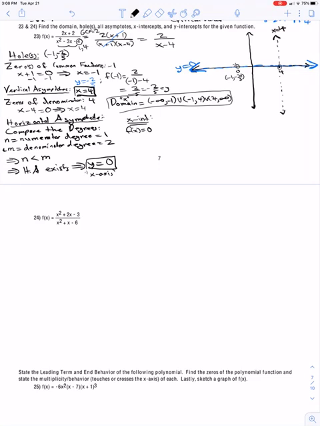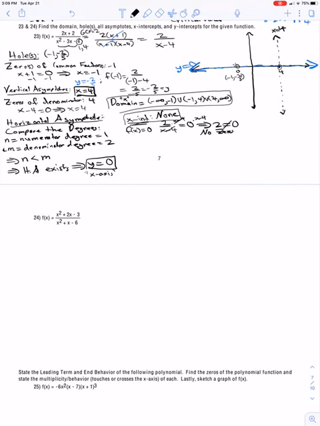If you look at this function, 2 over x minus 4 equal to 0, as we solve that for x, we get 2 equal to 0, which is not true. So there is no zero, which means there's no x-intercept. This graph will never cross the x-axis, which also concludes that our graph will never touch this horizontal asymptote because it is the x-axis.